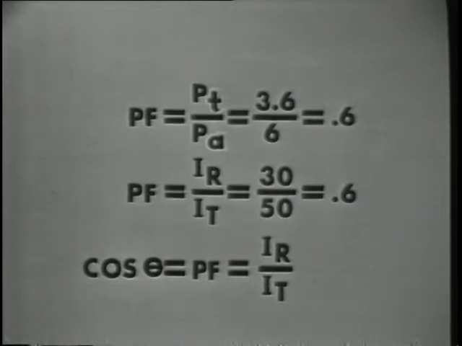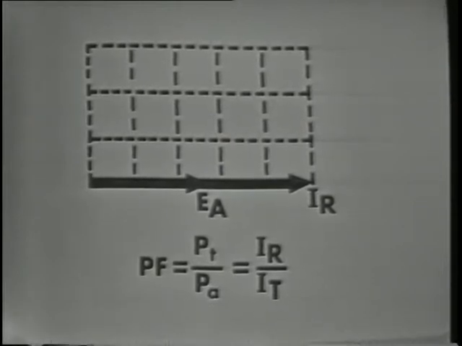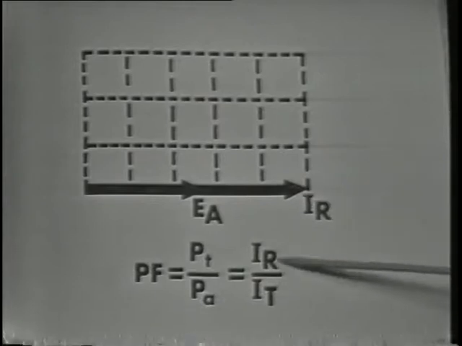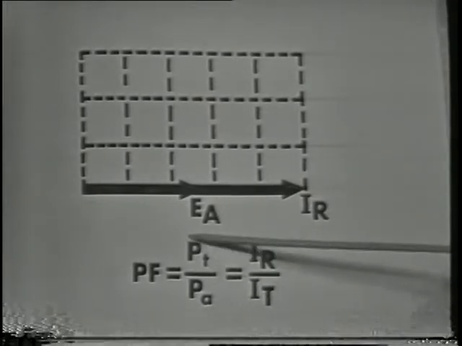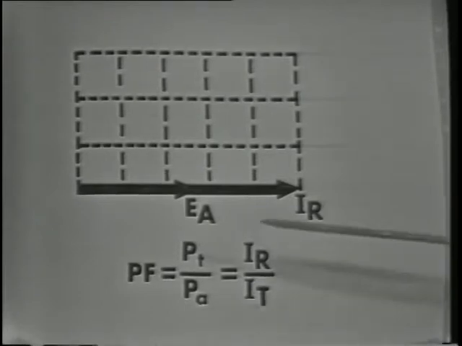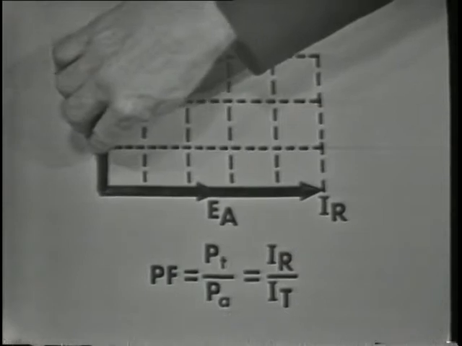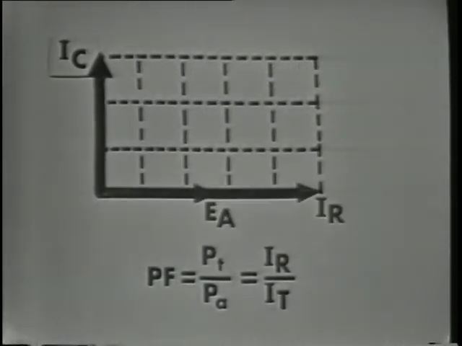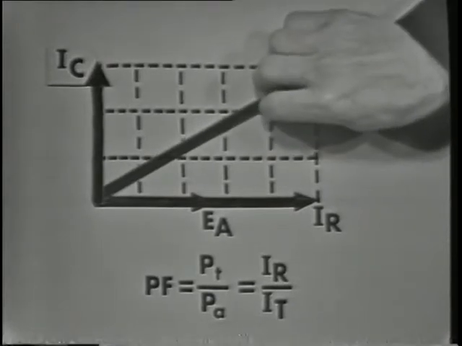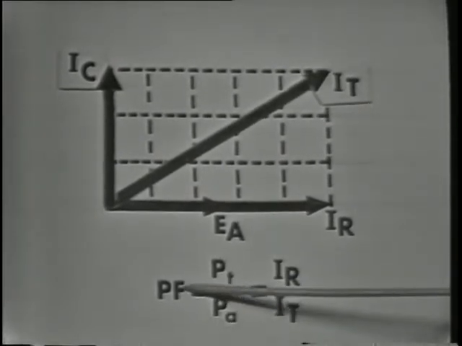For example, if the circuit were purely resistive, the power factor would equal 1, because IR would equal IT, and the true power would equal the apparent power. But if a reactive current were introduced, or if the reactive current were increased, then total current would increase, angle theta would increase, and the power factor would decrease.